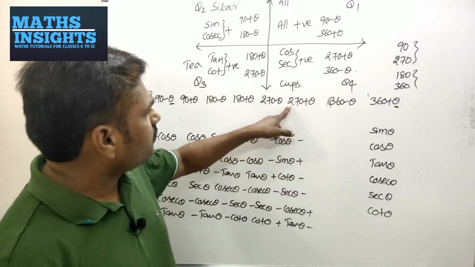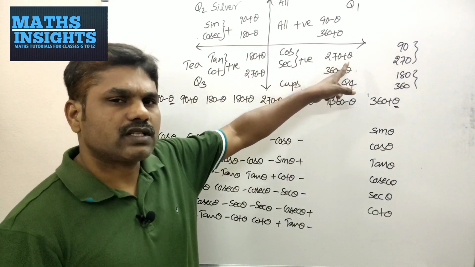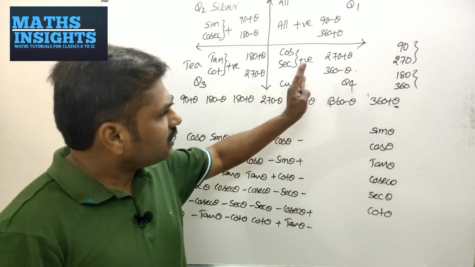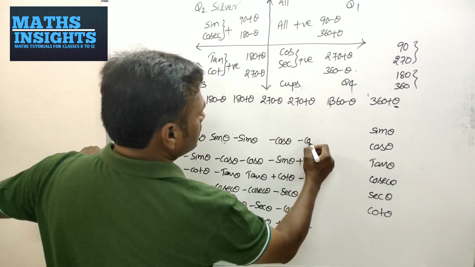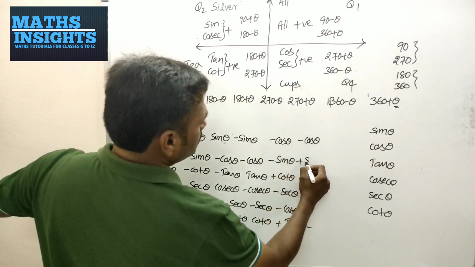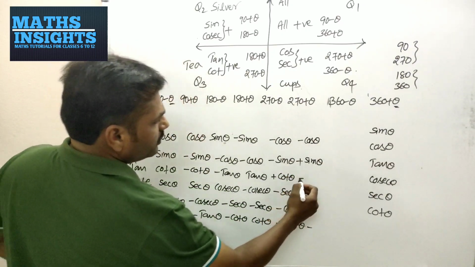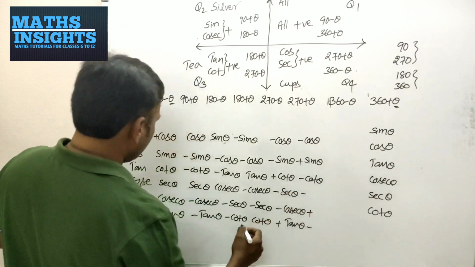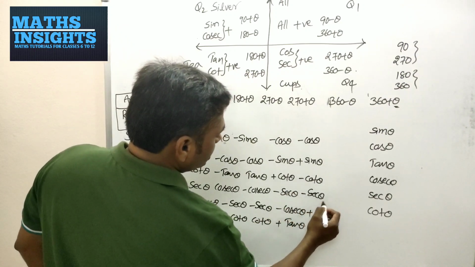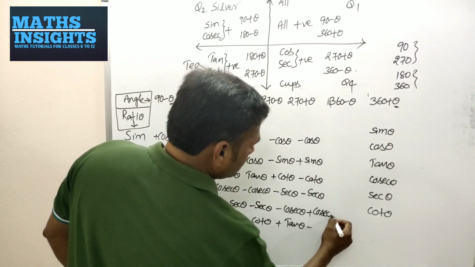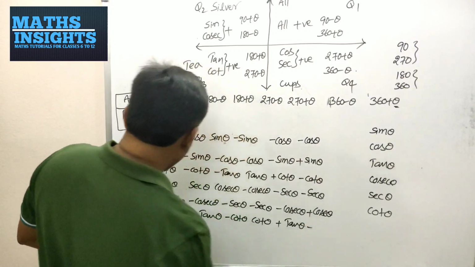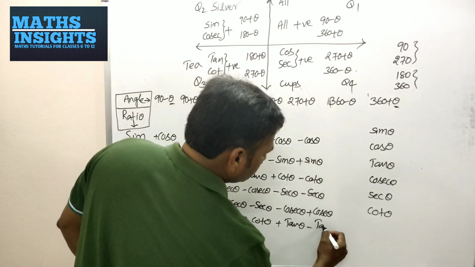When you see 270 plus or 270 minus, the ratios will change. Sine will become cos theta, cos will become sine theta, tan will become cot theta, cosecant will become secant theta, secant will become cosecant theta, and cot will become tan theta.